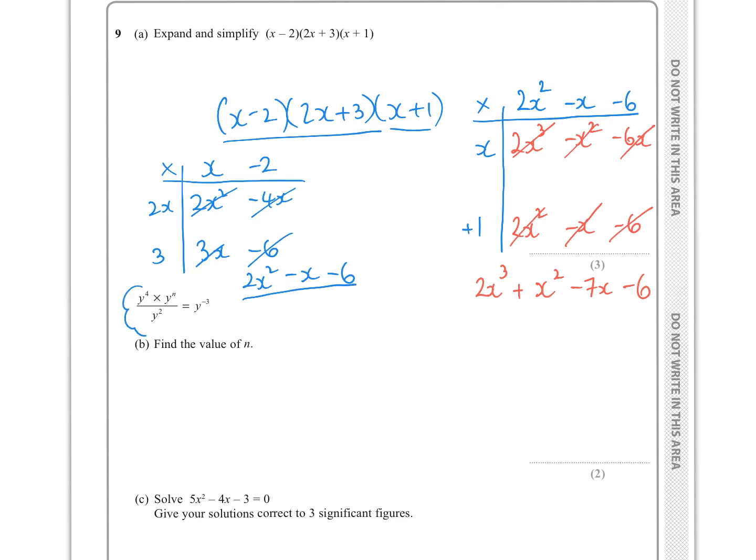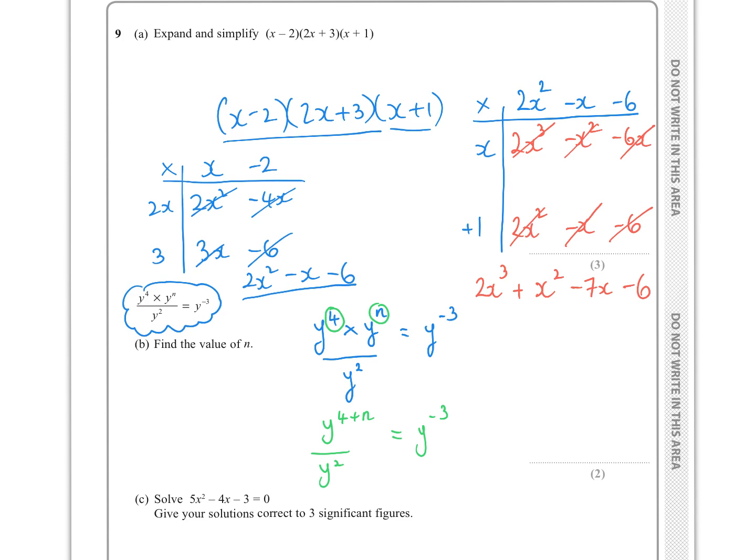We now have this expression here. That's y to the power 4 multiplied by y to the power of n all over y squared equals y to the negative 3. Well, if we're timesing, we can add these. So we have y to the 4 plus n all over y squared equals y to the minus 3.